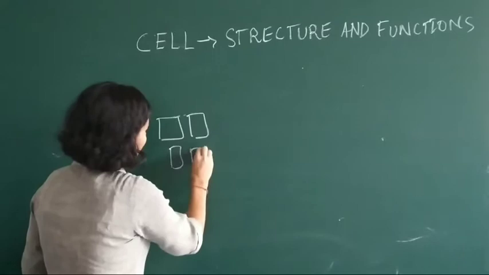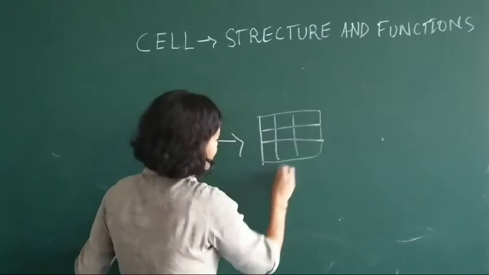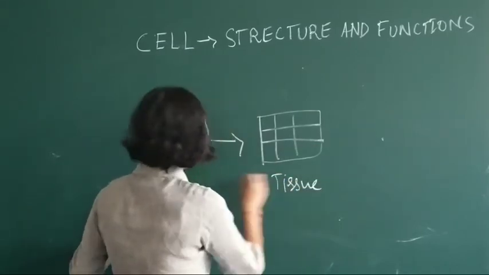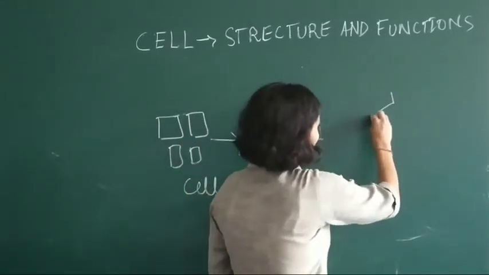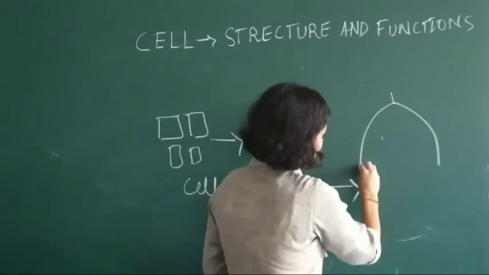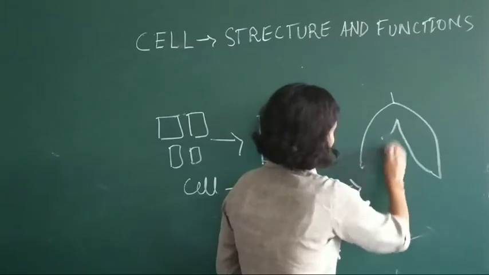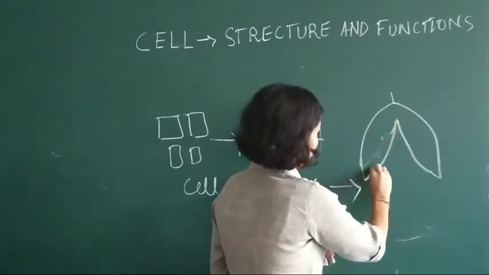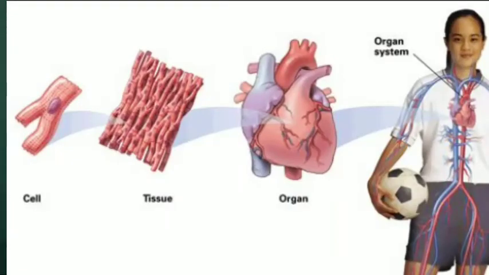A group of cells will combine together to form tissue, and tissue will combine together to form an organ, suppose our lungs. Understood? So they are arranged in an organized manner.